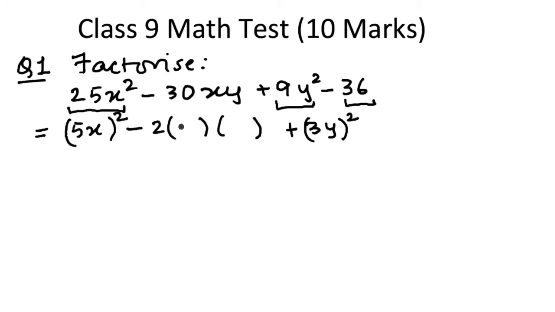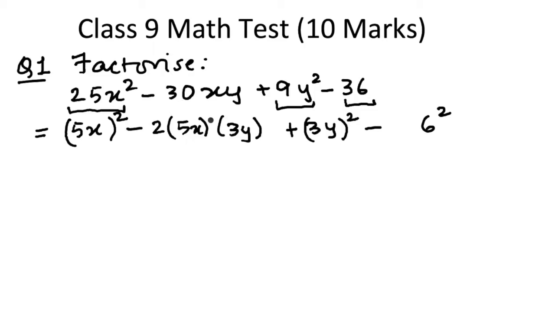If this is our a, we will write here 5x, and if this is our b, this is our 3y, and we will write this minus 6 square. Now you will see that the middle term minus 30xy is obtained by multiplying 2 into 5, which is 10, 10 into 3, that is 30.